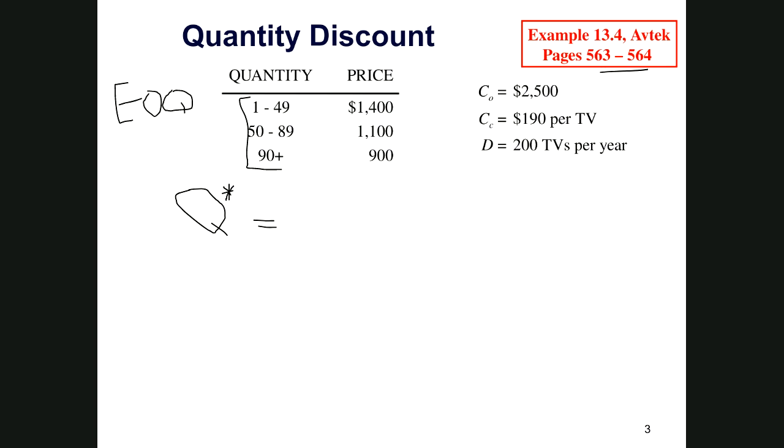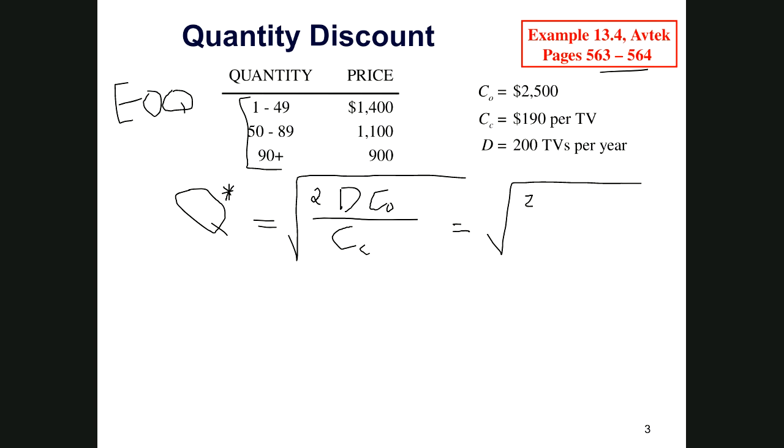So we're going to compute the square root of 2 times demand times ordering cost, all divided by the carrying cost. Once we substitute in, this is the square root of 2 times 200 times 2,500, all divided by 190.